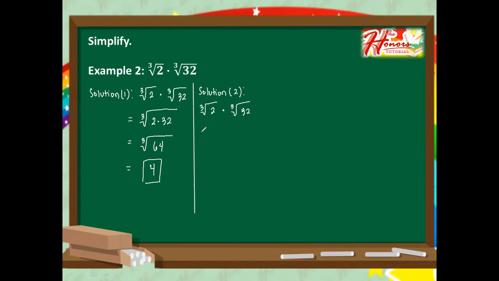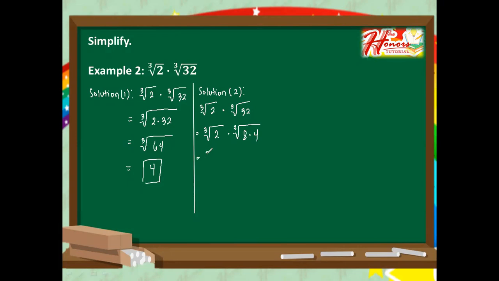Let's copy the cube root of 2 first because there's no exact cube root for 2. So for cube root of 32, we can factor this out because there is a factor of cube root of 32 that is when raised to 3 and multiplied to another number, the answer is 32 and that is 8 times 4.